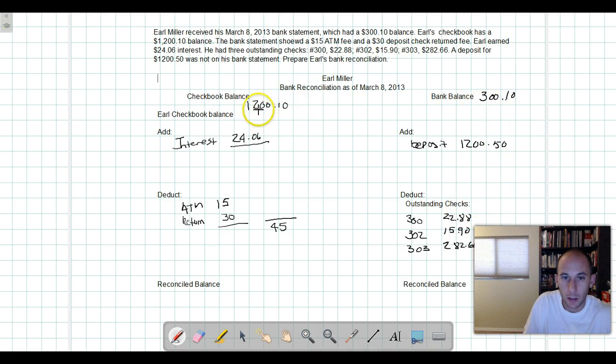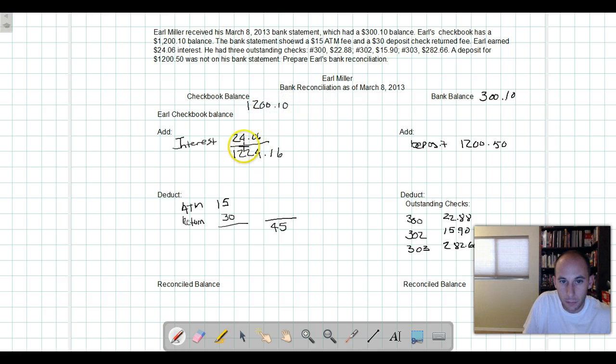So we start here. We had a balance of $1,200. We add 24.06, so we get 1224.16.